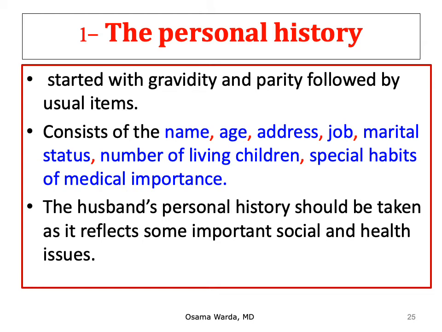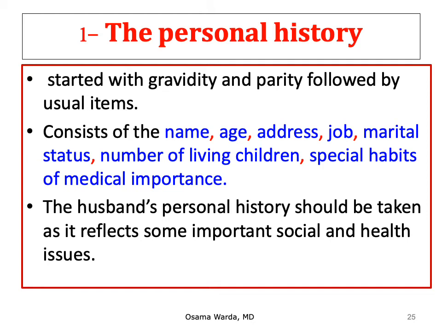Then we should ask for the patient's name, and you should call the patient by her name. Ask for date of birth to calculate her age, and the address, urban or rural. This may affect your management if she has a high risk pregnancy. Job: in some jobs, she is prone to severe exercise or environmental contaminations.